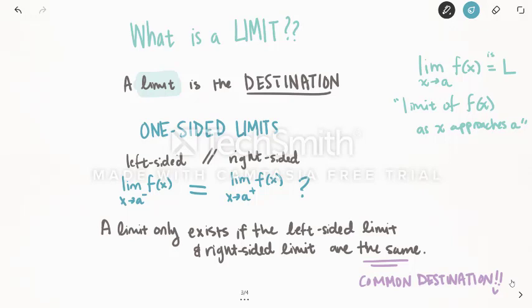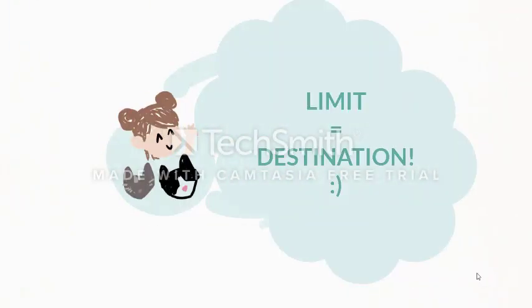If they are equal, then the limit, the total limit, right, from the left and the right exists. And that's pretty much it. That's just a basic introduction to limits, this idea that it's the destination, and we want to keep that in mind because it'll help us figure out how to find limits from graphs.